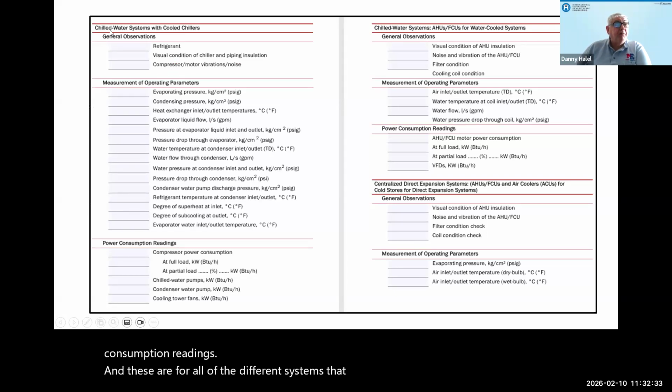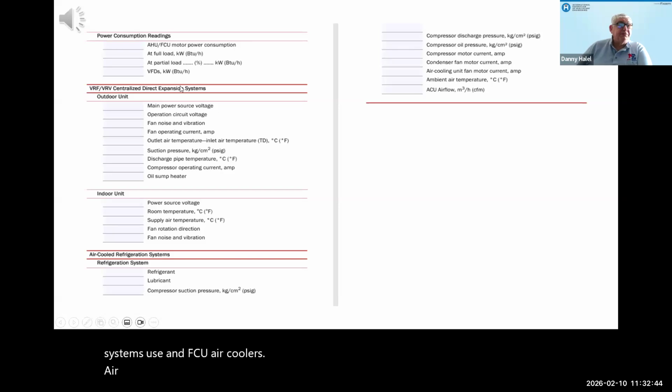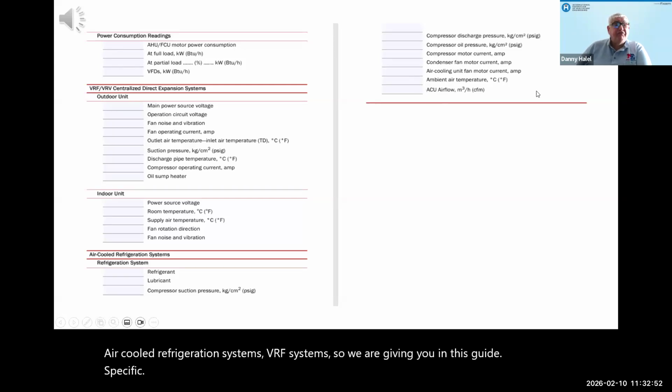That is chilled water systems, AHUs and FCUs, air coolers, air-cooled refrigeration systems, VRF systems. So we are giving you in this guide specific sections that you can check from an energy standpoint. There are 2 more unit types.